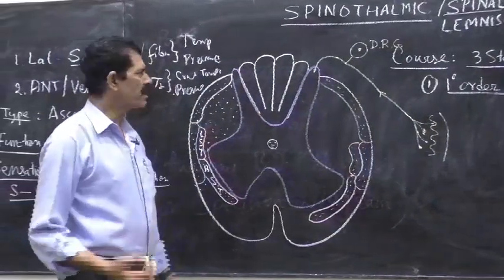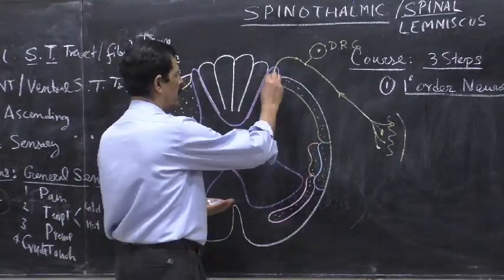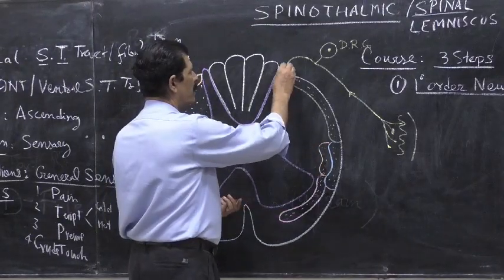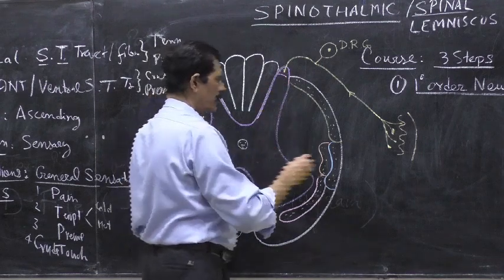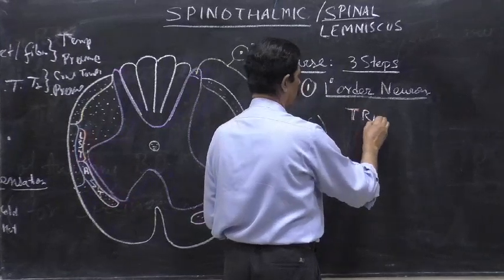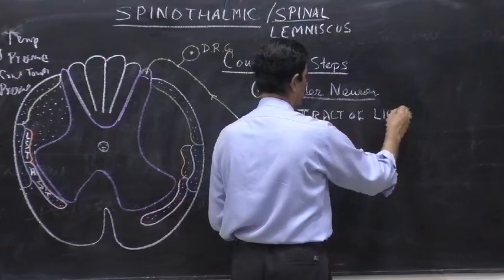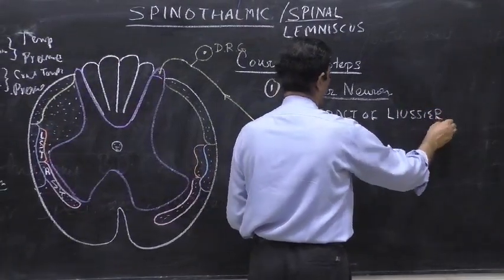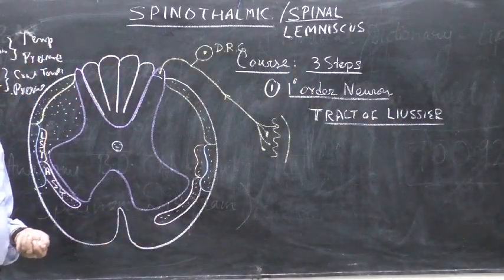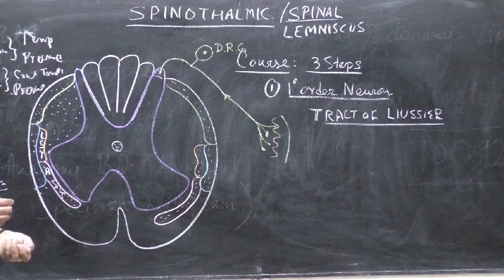At this tip, where the ascending and descending fibers divide, this area is called the tract of Lissauer. So the tract of Lissauer is formed because of the ascending and descending fibers of both the lateral as well as the anterior spinothalamic tract.